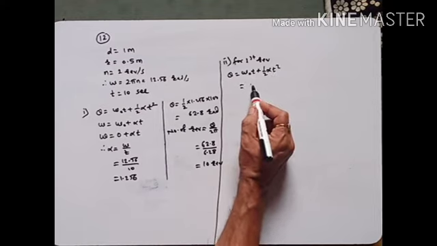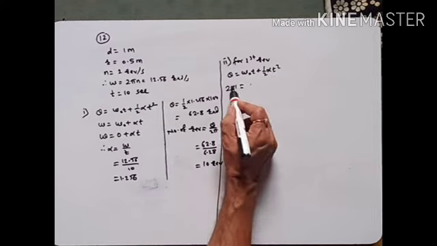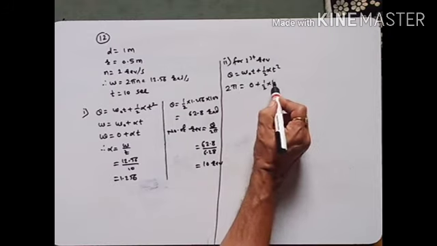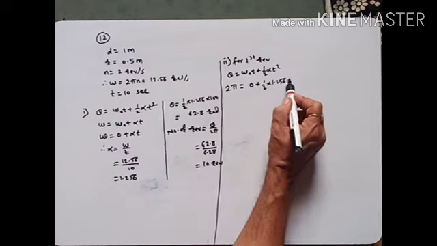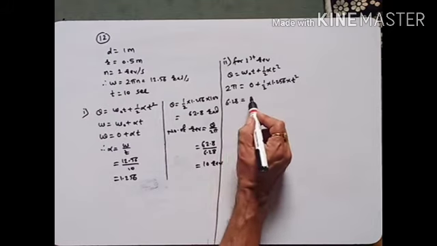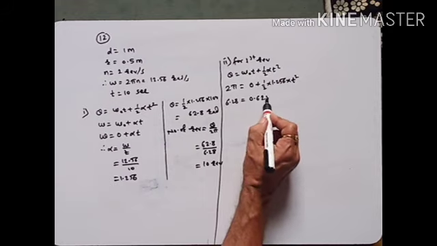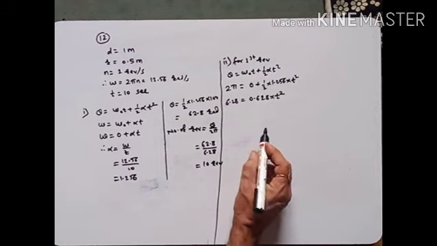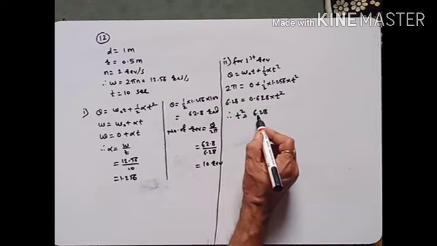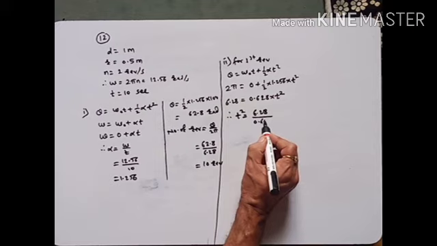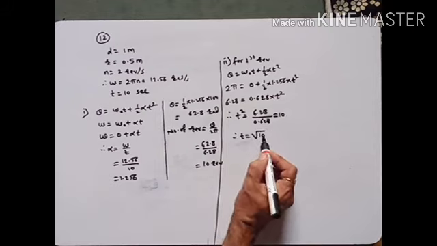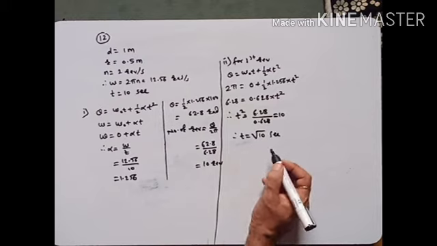That is, we get here 2 pi is equal to 0 plus half into 1.256 into t square. 6.28 is equal to 0.628 into t square, and therefore t square is equal to 6.28 divided by 0.628, that means 10, and therefore t is equal to root 10 second.